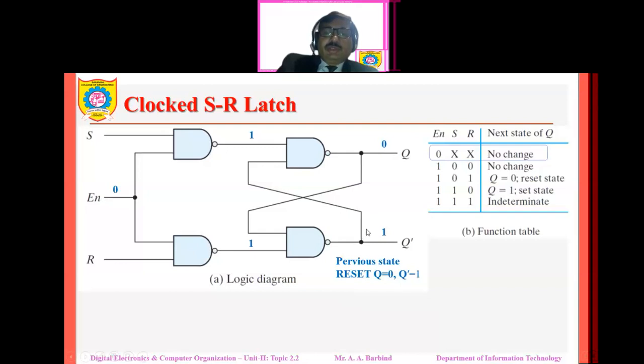Okay, you can say that this is 1, so 1 and 1 is 1, and NOT will be 0, whereas because of this particular 0, 1 and 0 will be 0 and it will be inverted and it will be 1. Okay, so there will be no change.